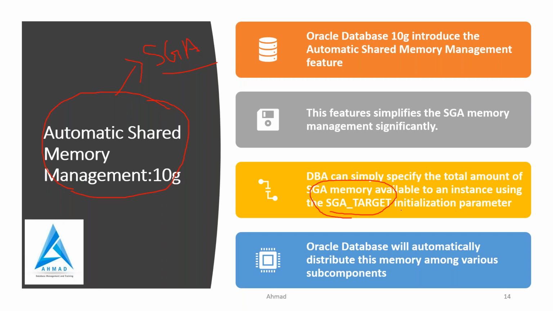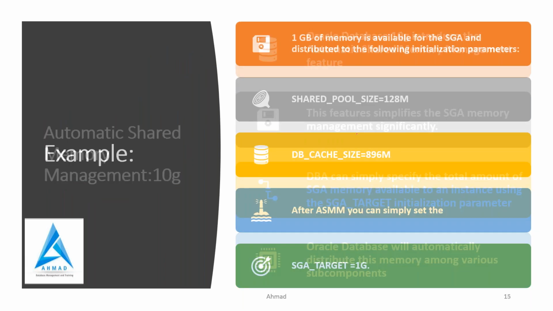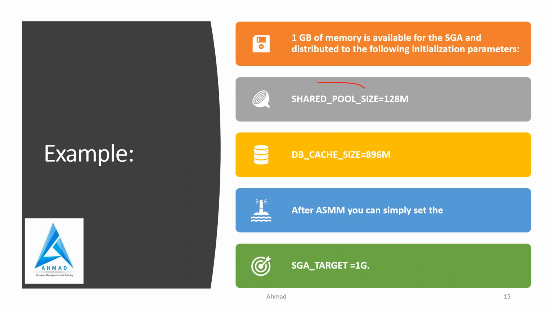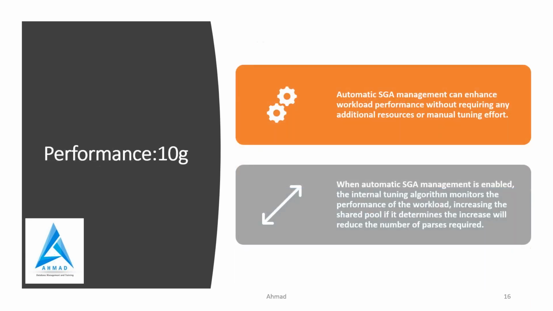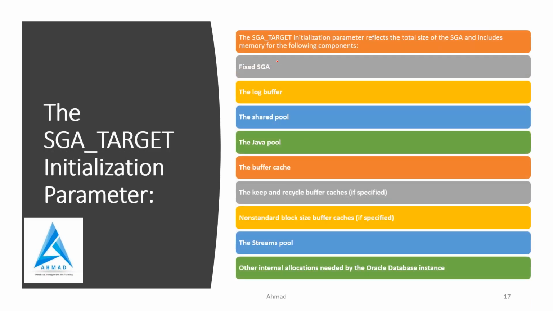If you enable this parameter, automatic memory management starts, and it will manage the shared pool, Java pool, large pool, database buffer cache, and streams pool. It will not manage the keep and recycle buffer caches.